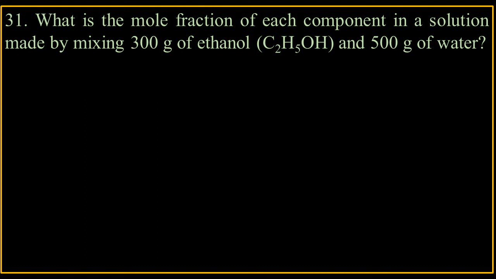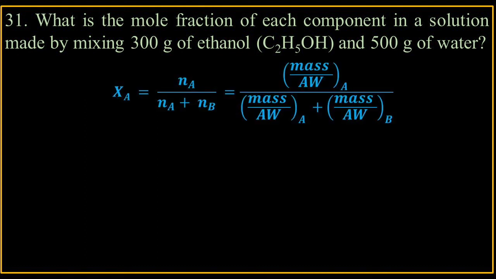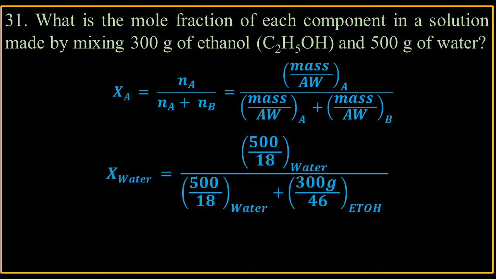So it's going to be the moles of whatever you're looking for divided by the sum of the moles of each component. Again, this is the equation, X_A equals n_A over n_A plus n_B, and X_A is going to be the mole fraction of the water this time.